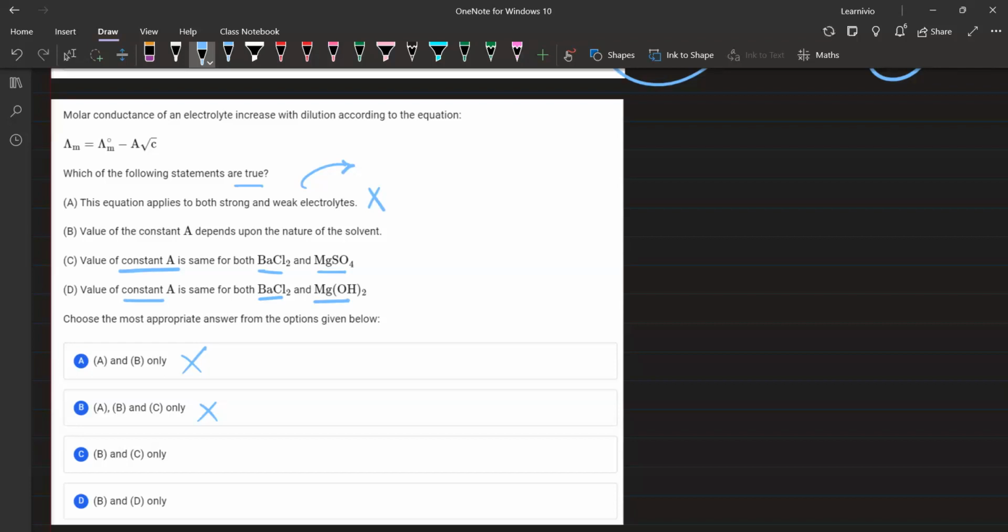The value of constant A will be the same. It depends on the charge. In both you have the charge. I guess option D should be correct because the charge is 2 positive in both cases, and the anion charge is duplicated.